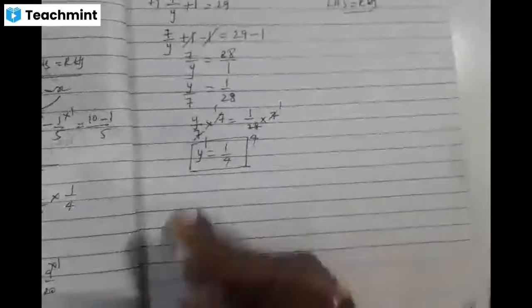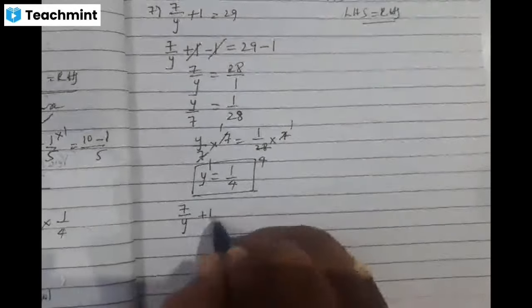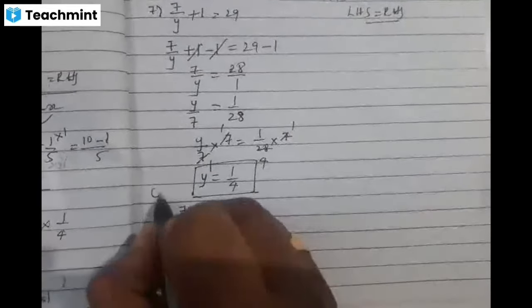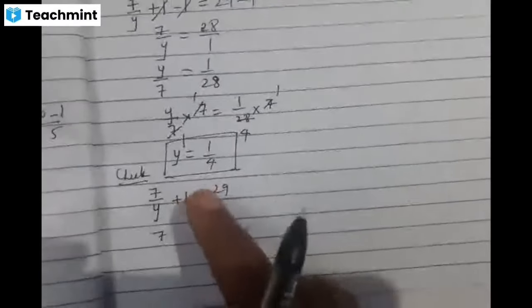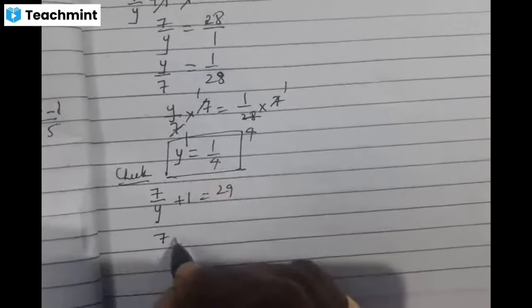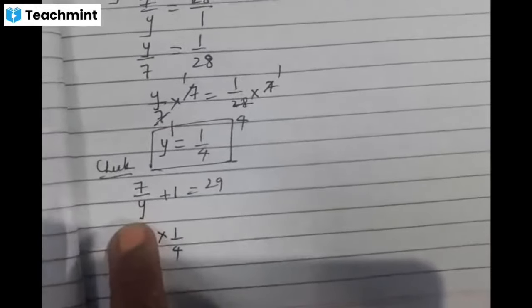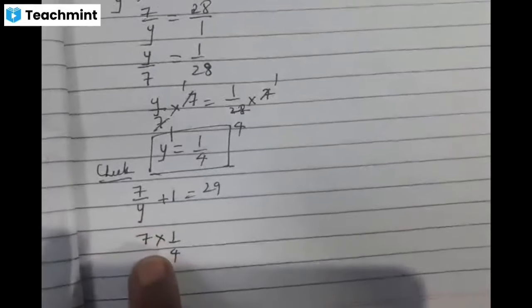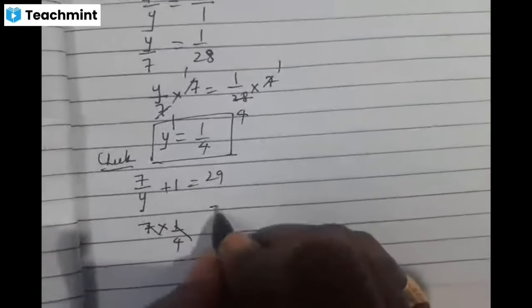Now, after we get the y value, consider the given equation for checking. What is the value of y? 1 by 4. So what do I do? I write like this. 7 by y means what, children?